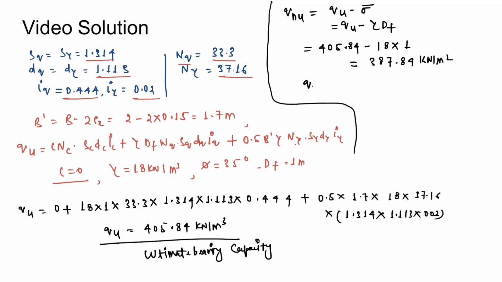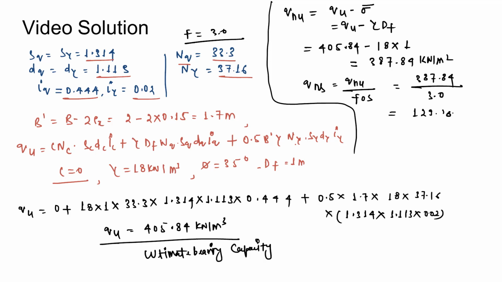Now the net safe bearing capacity, that is qns, is qnu upon factor of safety, so we can write it as 387.84, and the factor of safety given in the question was 3.0. So the net safe bearing capacity will be 129.28 kilonewton per meter square.